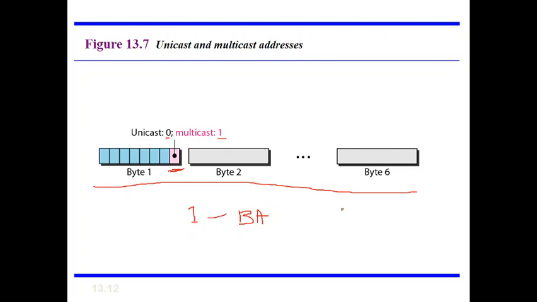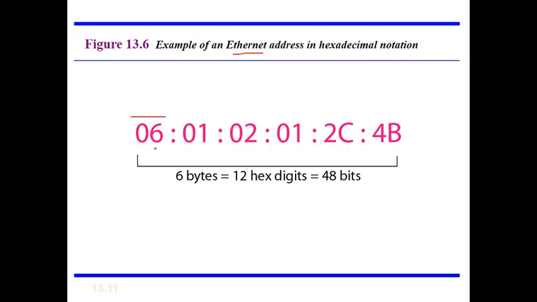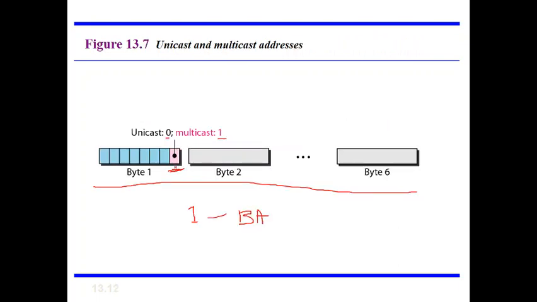We can also say it in another way. Whenever my least significant bit of the first byte is 0, then this number will always be even.